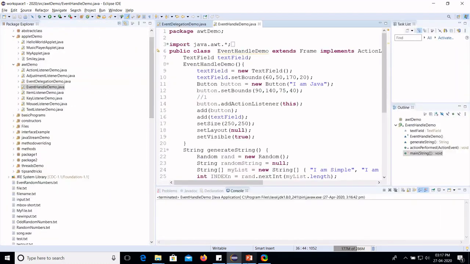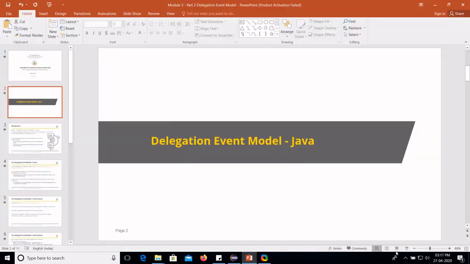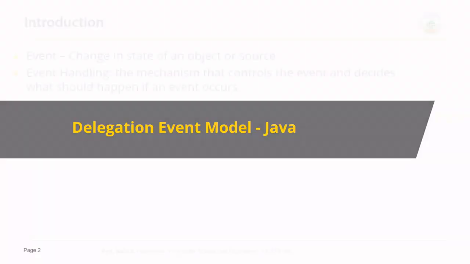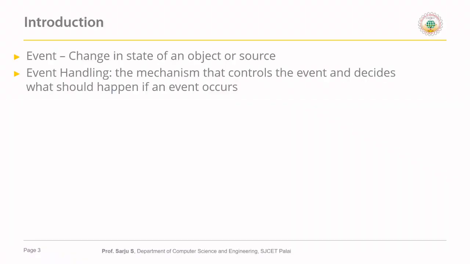So event handling. What is an event? A change in state of an object or source is called an event. For example, in our previous example, we have a button. When we click the button, an event happens: the button click. The state of the button is changed.